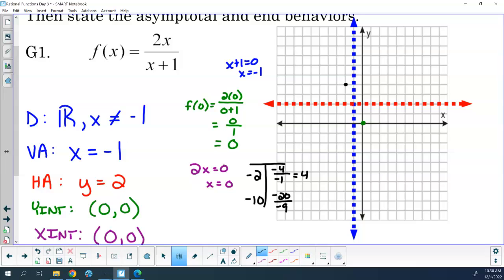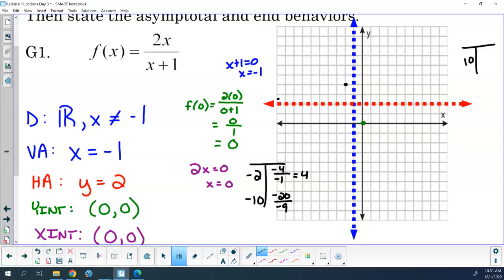Right? So I'm up here. Grab yourself a graph paper. Then over here, I would need another point in this zone.